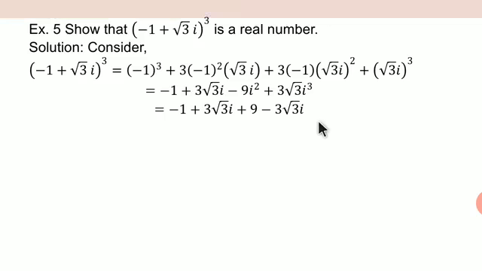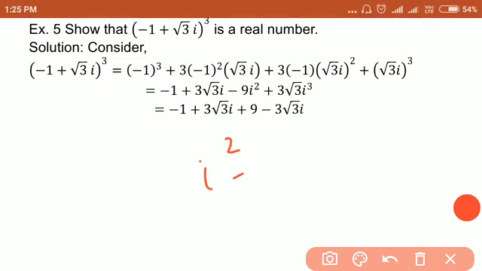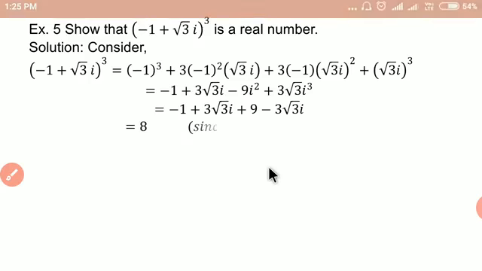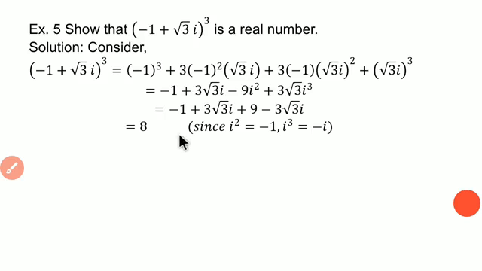Because we use this result, remember here i square is equal to minus 1 and i cube is equal to minus i. We use these two results here. So here minus 1 plus 9 is 8 and this term gets cancelled. And we observe this, there is no complex number.